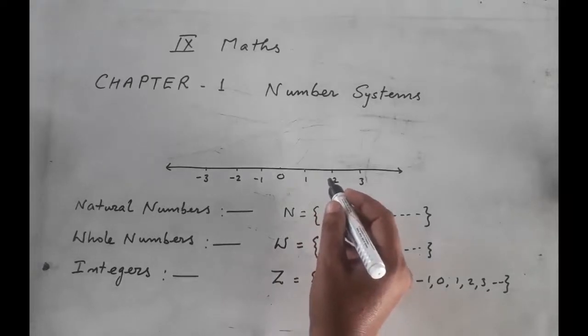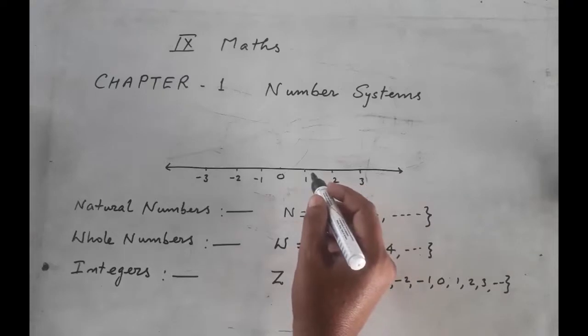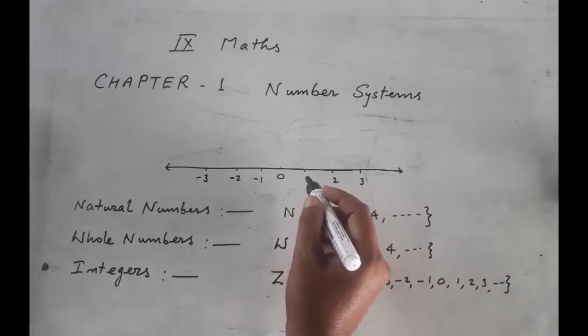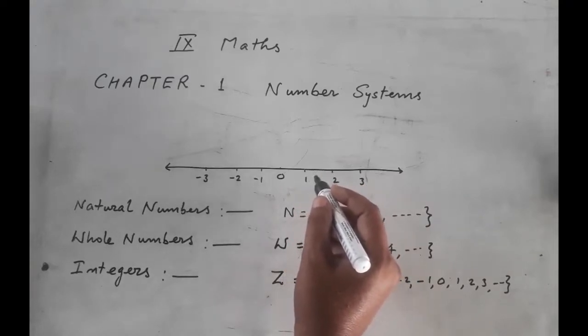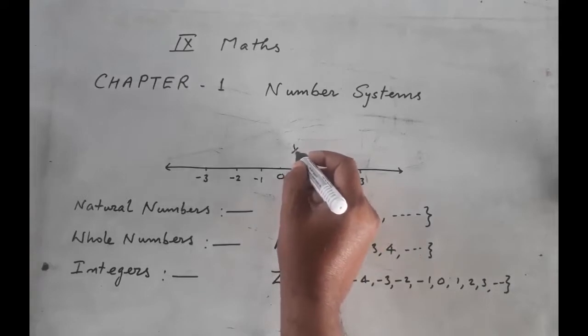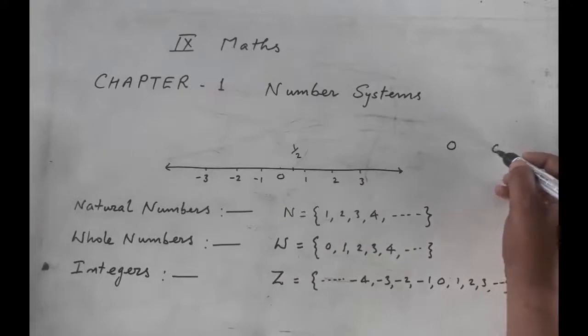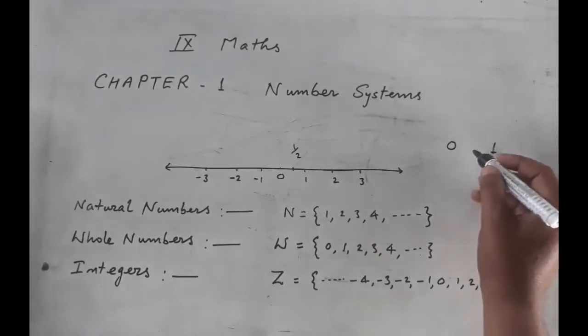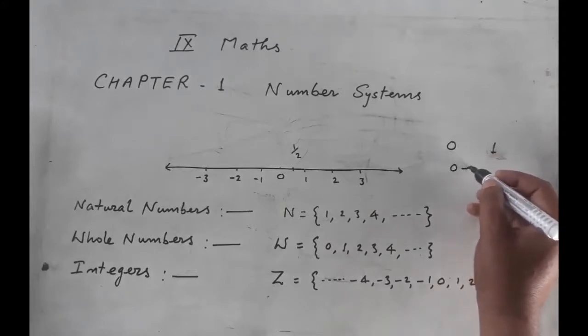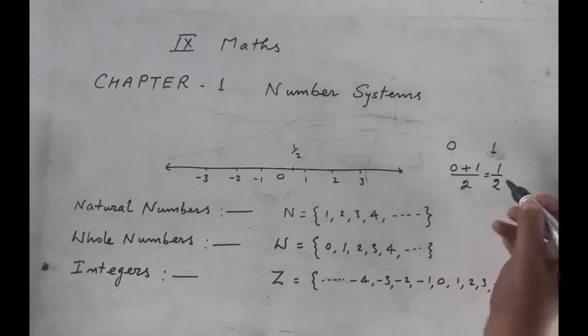Between 0 and 1 you can find 1 by 2, such as 0 plus 1 by 2, that is 1 by 2.